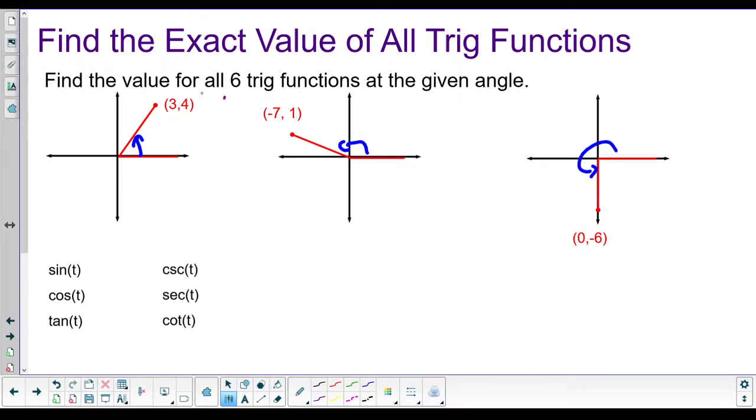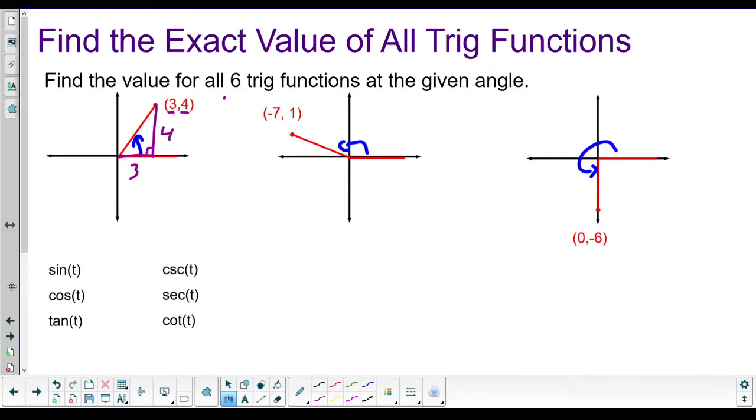Okay. So this ordered pair right here tells us x and y. That's telling us x right here, that's how wide this is. And it's telling us how far up that ordered pair is from the x-axis. It's 4. So if we look at it this way, we get a right triangle.